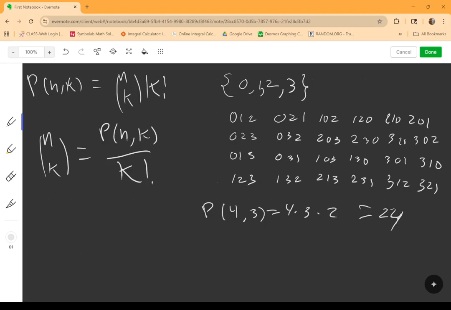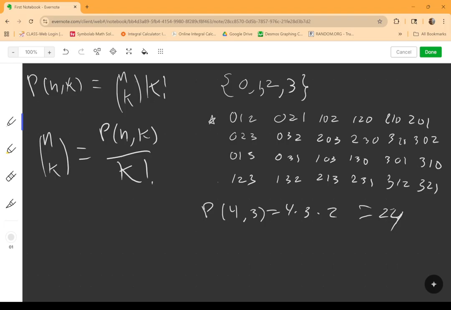Now, I wrote these in 4 rows just to look at the first row and ask, what do all these have in common? What they have in common is that they all have the digits 0, 1, and 2.